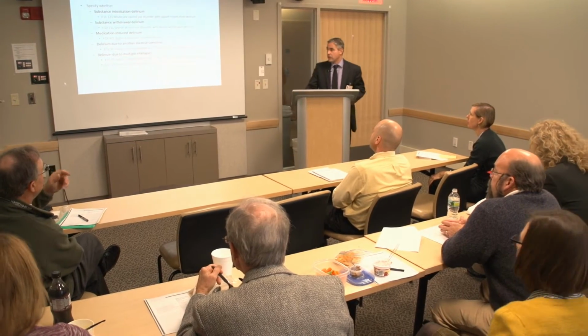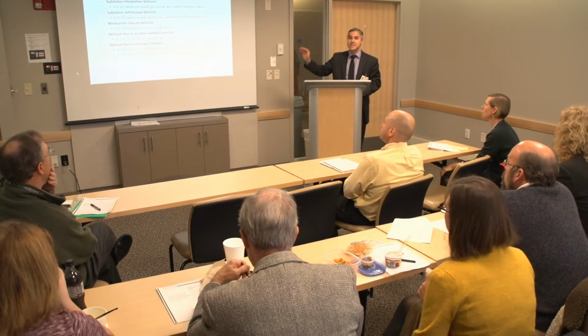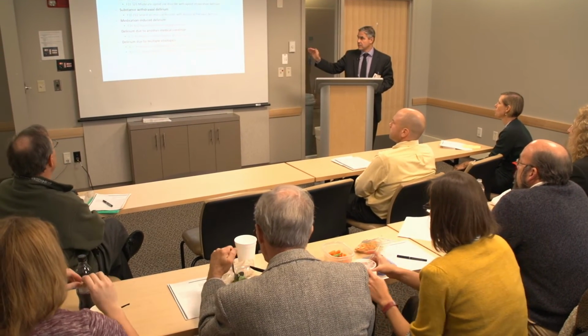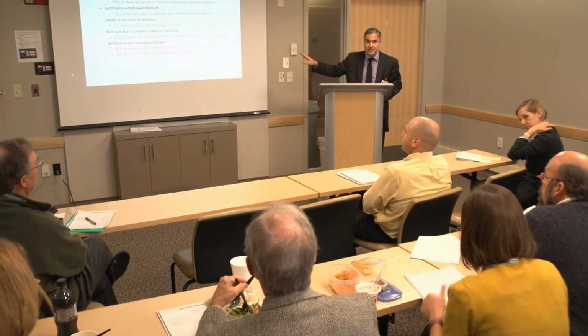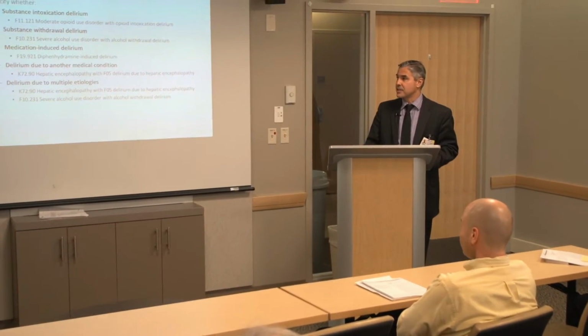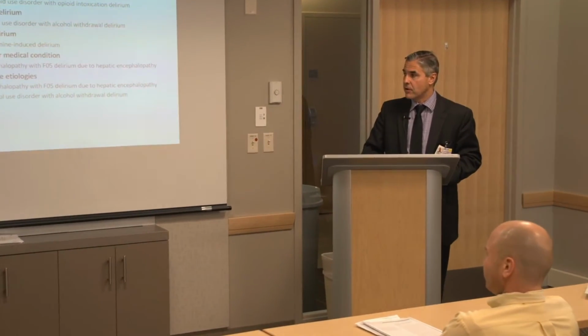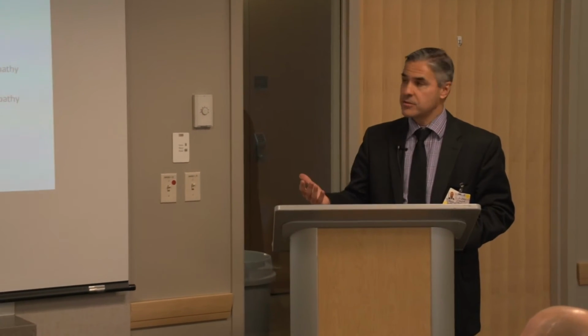These are correct codes. These are examples from the DSM-5. How this would actually end up being stated if you were coding it yourself. But you can see the documentation then calls for, from the documentation you should have some support of the substance use disorders where they exist and the medical problems where they pertain.